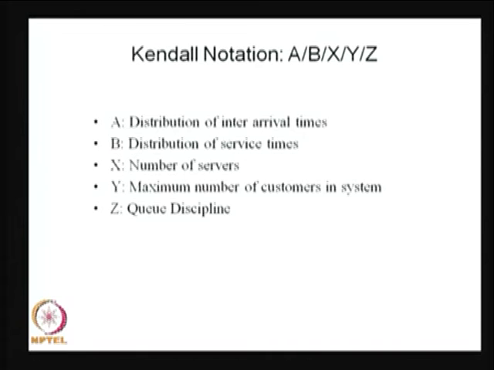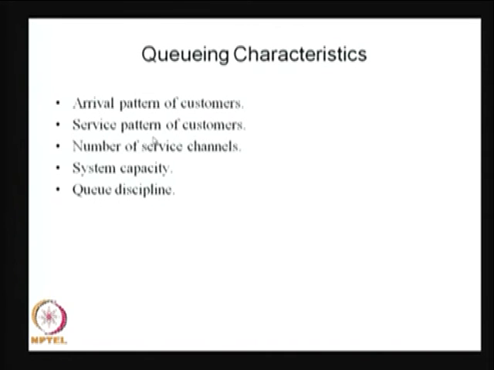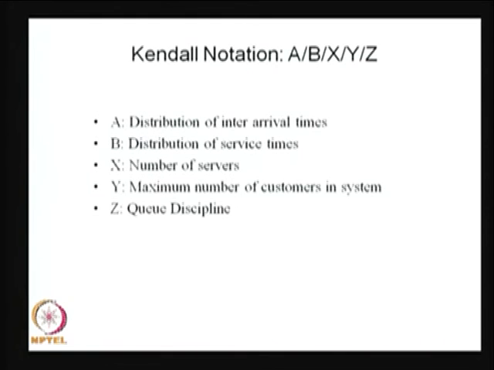The first one is the arrival pattern, the second one is the service pattern, and so on. The same way we have given the Kendall notation. So capital A is for the distribution of inter-arrival time, and B is for the service time distribution.